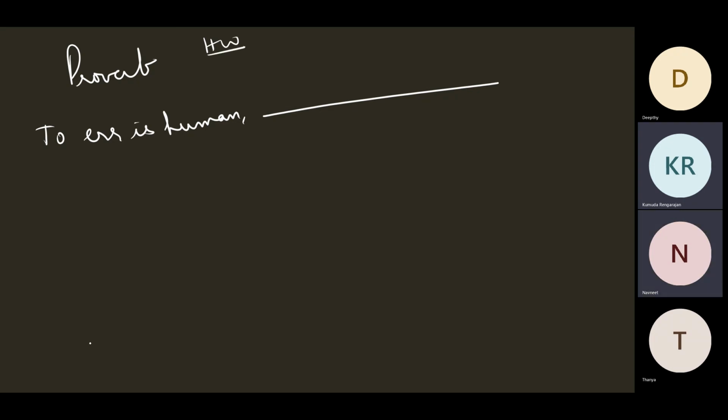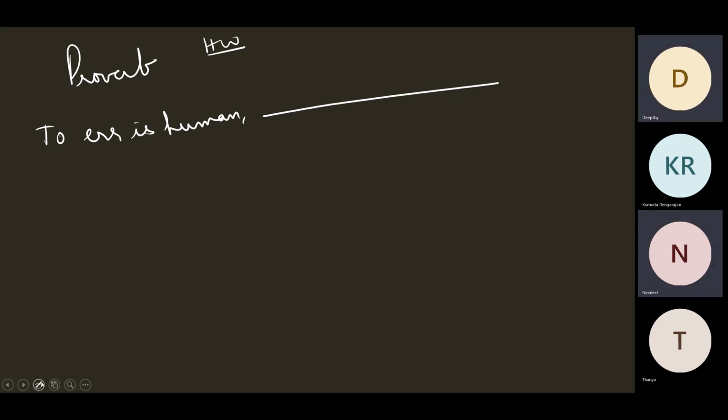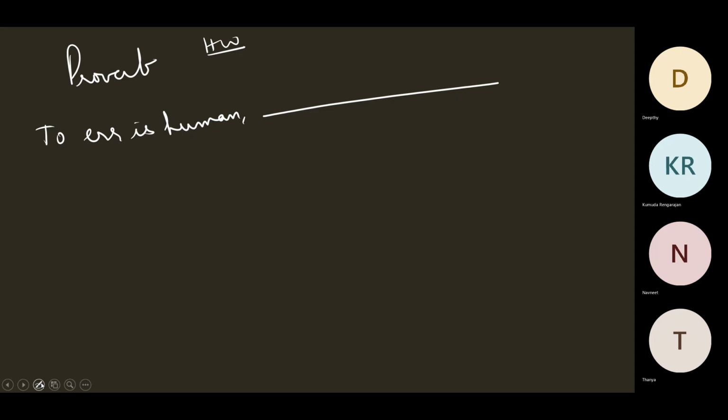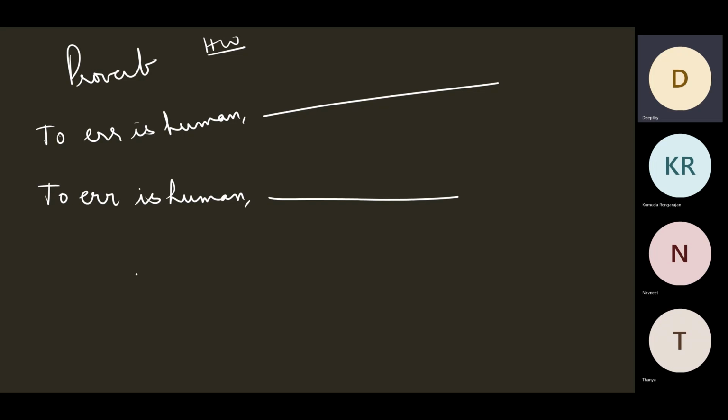In the next class, you'll have to tell me. To err is human. Ma'am, I don't understand what is after to. To err, E-R-R, to err is human. Complete the proverb. This is homework.